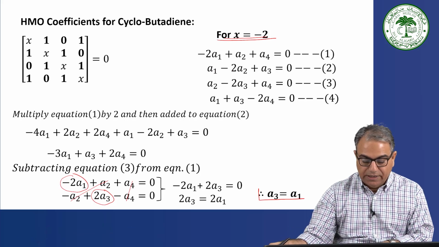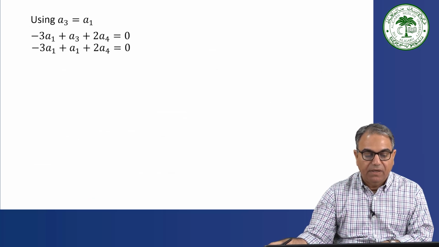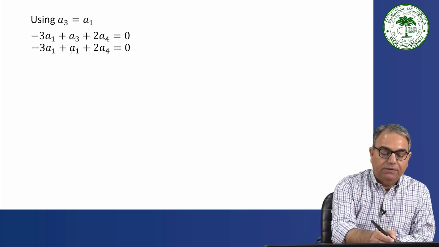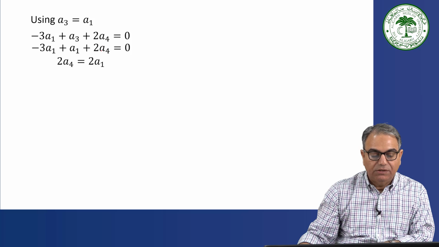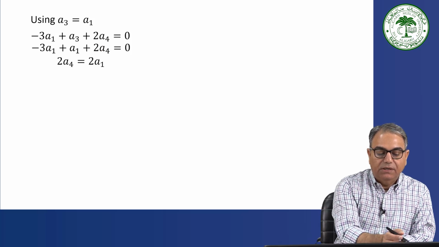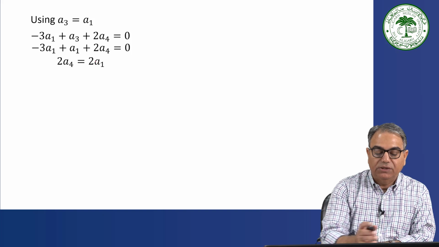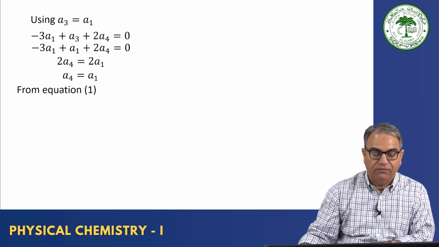So a3 is equal to a1, so a3 is replaced by a1, and 2a4 you have. It means if you subtract this one, what you get? 2a4 minus 2a1, and so a1 is equal to a4. We got a1 is equal to a4.